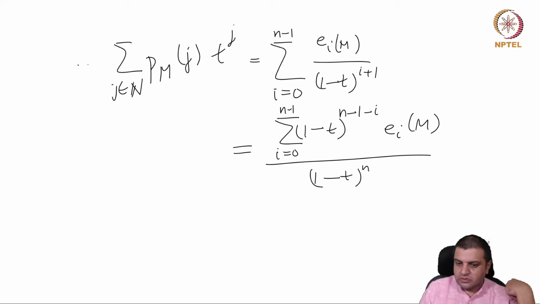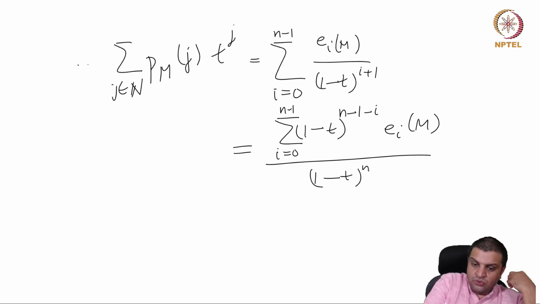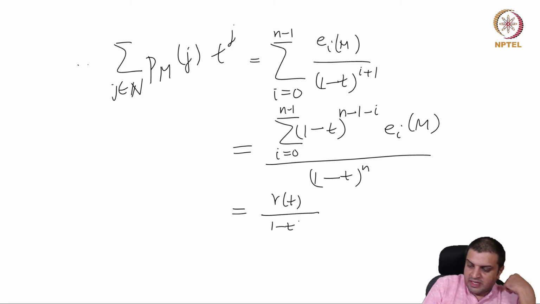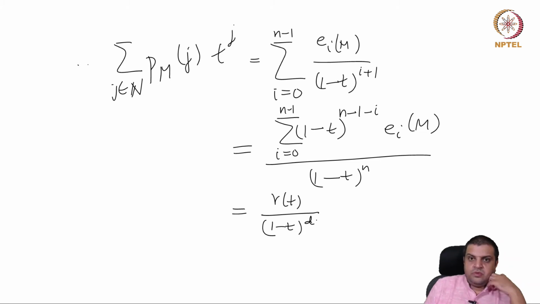Now we know that the left hand side is going to look like R of t divided by 1 minus t to the d. We can multiply on both sides by 1 minus t to the n.